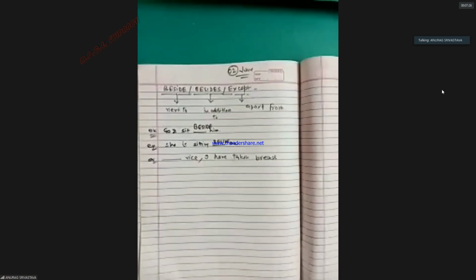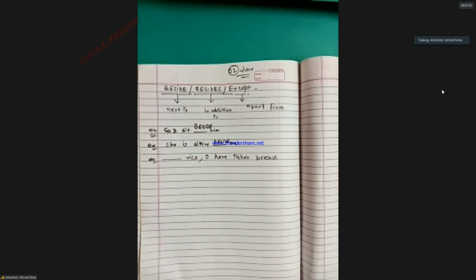It is a sentence in which two things are given. First is rice, another is bread, and the sentence is like: filler rice, I have taken bread. What will be the preposition that will make sense for this particular sentence, which will complete the sentence?